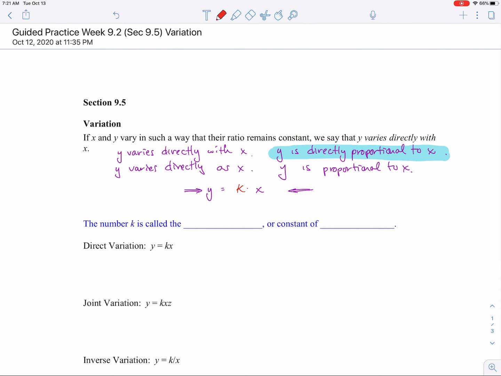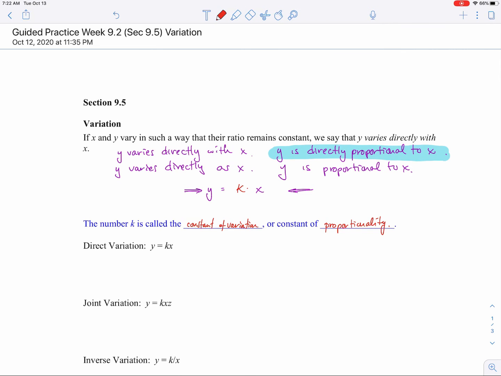It means that it's off by some constant k. And the number k is called the constant of variation, or sometimes called the constant of proportionality, or some variation of those terms.